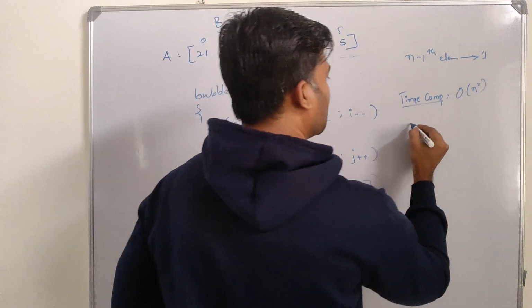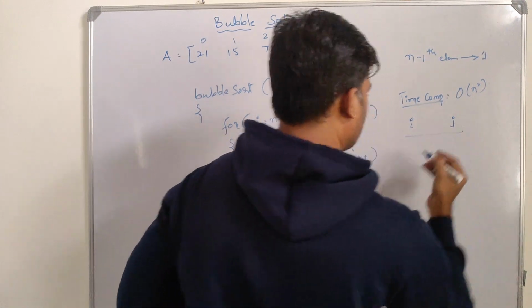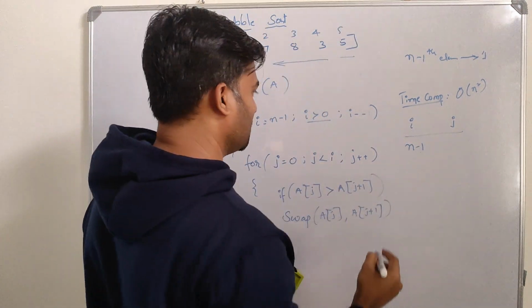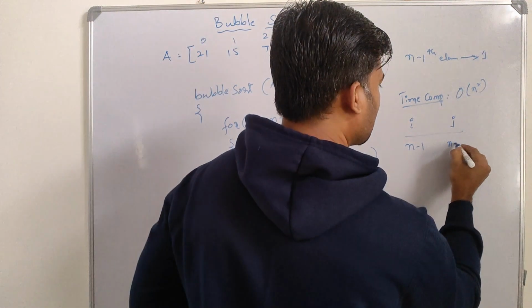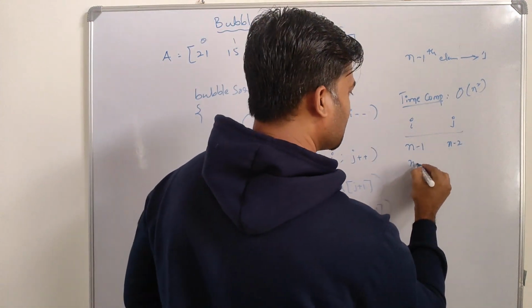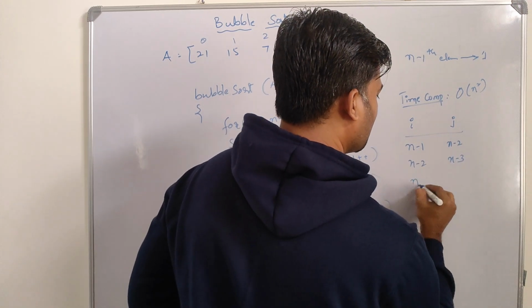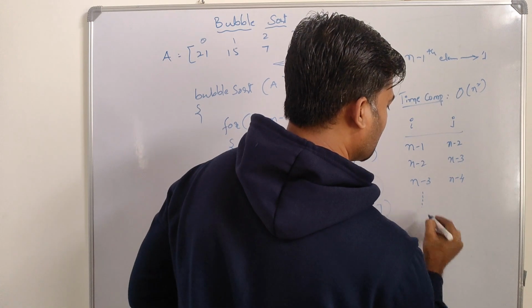When i is n minus 1, this iterates till n minus 2. When i is n minus 2, it executes for n minus 3. When i is n minus 3, it executes for n minus 4.